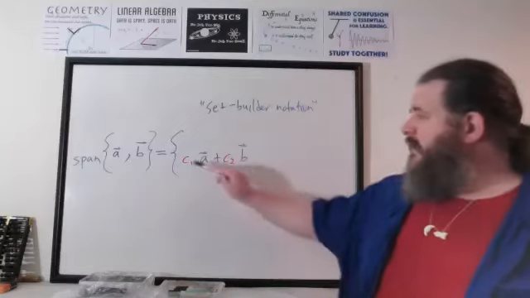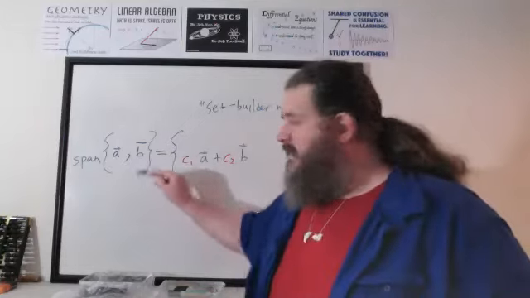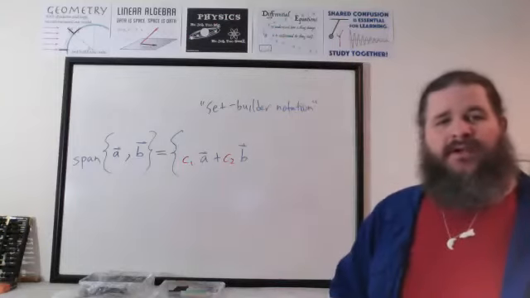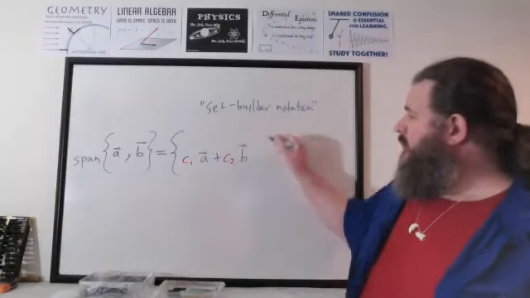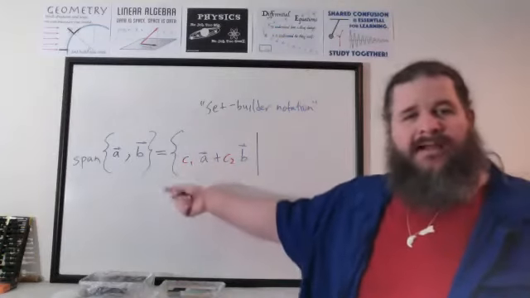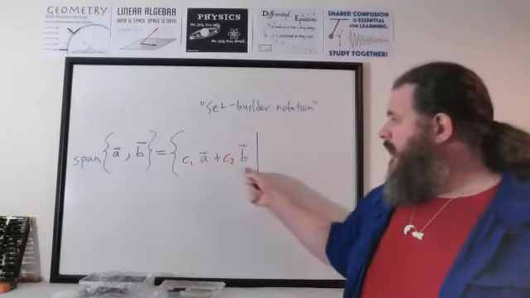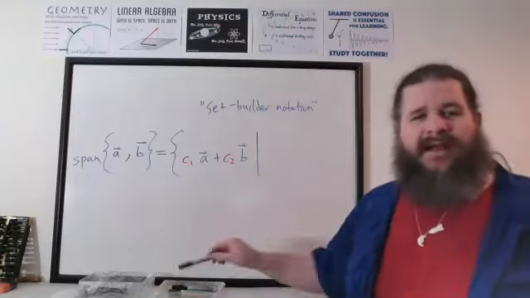But note that we haven't defined C1 and C2 yet. A and B are already implied by the notation. A and B are just some vectors we know, presumably. But we need to describe what we mean by C1 and C2. So we typically write this as set notation, curly brackets, the set of the general format, and then this bar is usually read as such that.